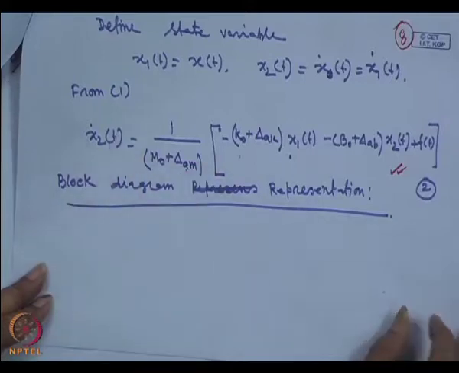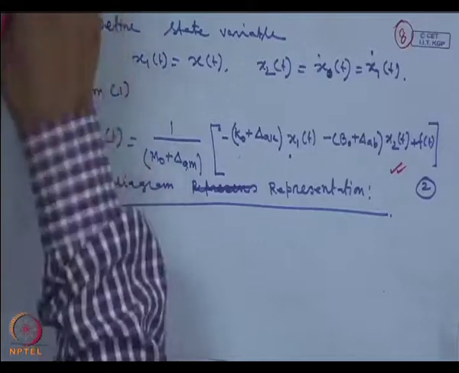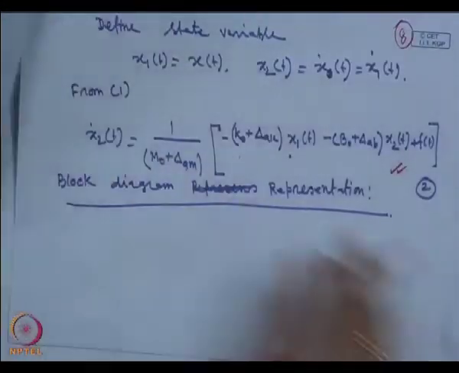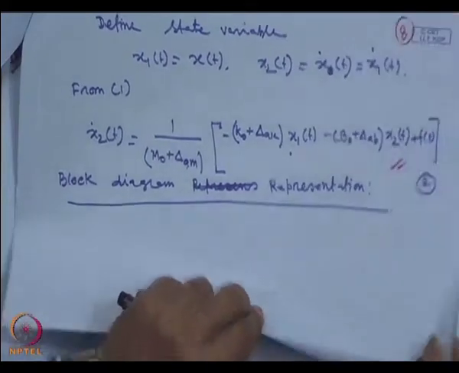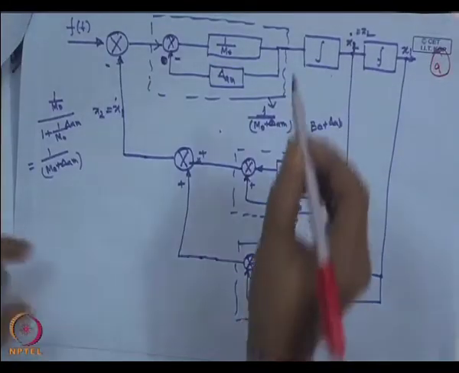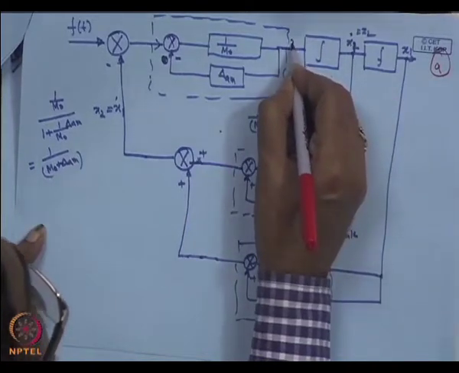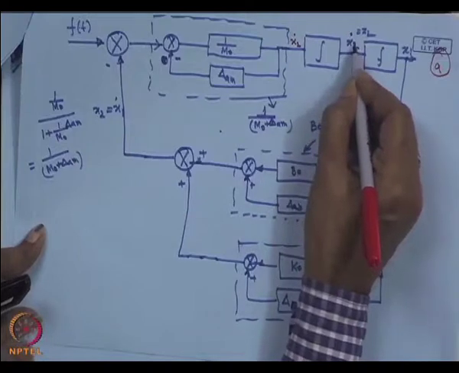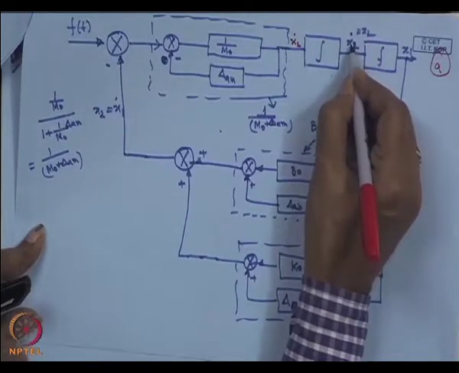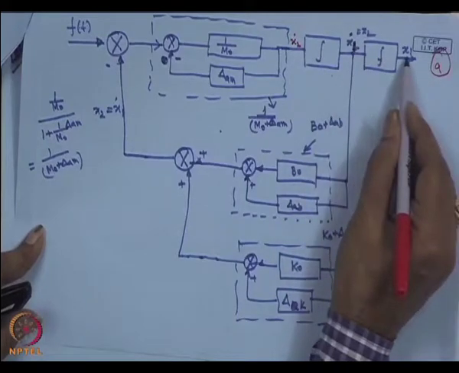This is a second order system. For a second order differential equation, we need to realize a state space model with two first order differential equations. So we consider this our x 2 dot, whose integral gives x 2, which is x 1 dot, and integrating again gives x 1.